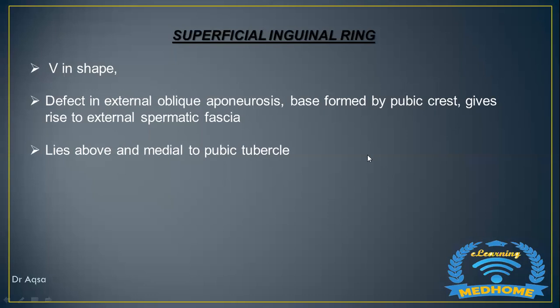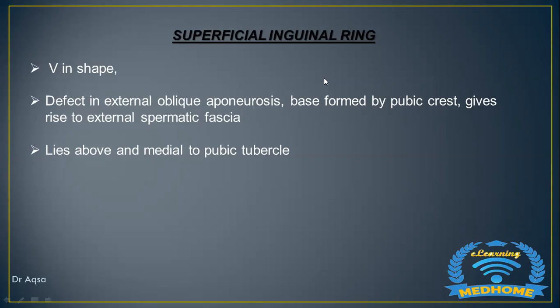Yeah, definitely. The superficial inguinal ring is V in shape, while the deep inguinal ring is oval in shape. The superficial inguinal ring is mainly a defect in the external oblique aponeurosis, while the deep is a defect in the transversalis fascia. The deep inguinal ring lies at the midpoint of the inguinal ligament, between the anterior superior iliac spine and the pubic symphysis.